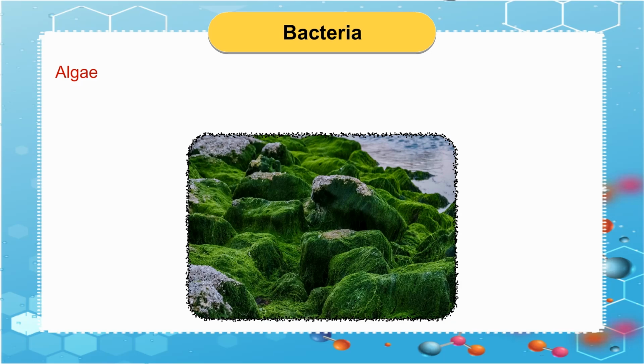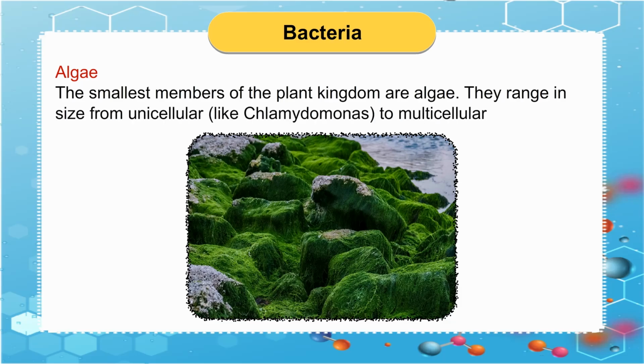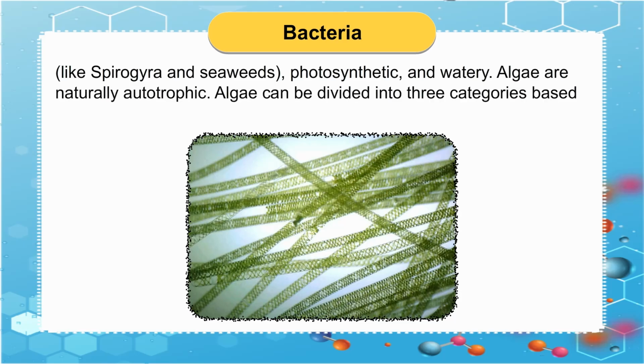Algae. The smallest members of the plant kingdom are algae. They range in size from unicellular, like Chlamydomonas, to multicellular, like Spirogyra and seaweeds, and are photosynthetic and aquatic. Algae are naturally autotrophic.